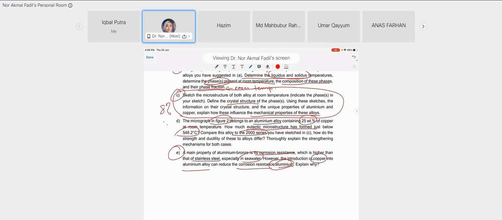The bond strength of pure aluminum is less than the bond strength in the alloy. So if the bonding is less, it will easily react with the oxygen, and if it reacts with oxygen, it will form a passive layer which protects the alloy, the material, from further corrosion.